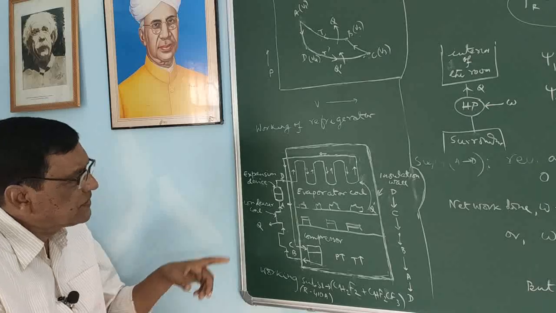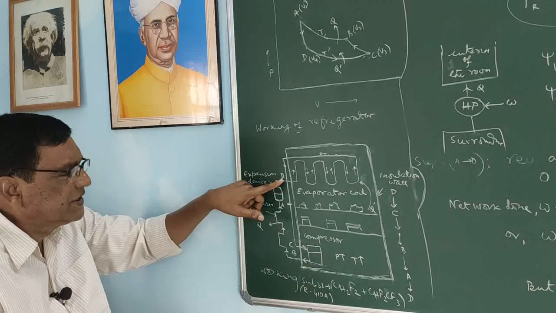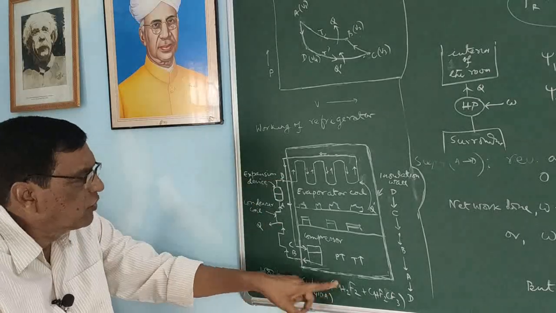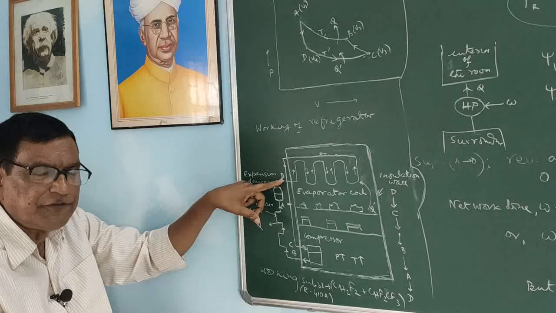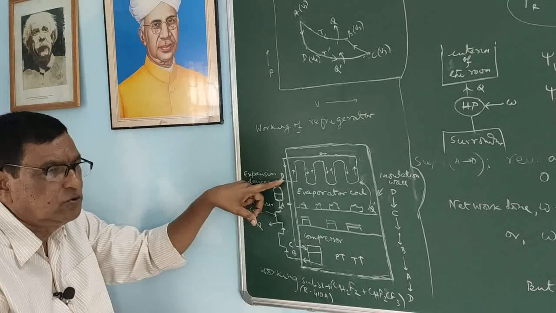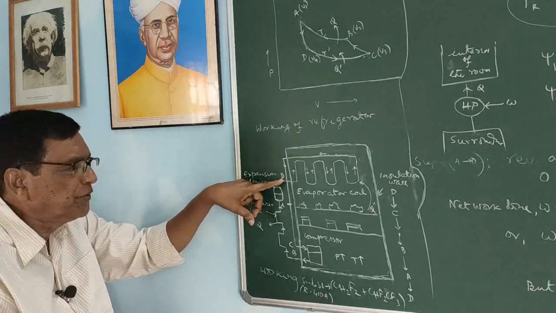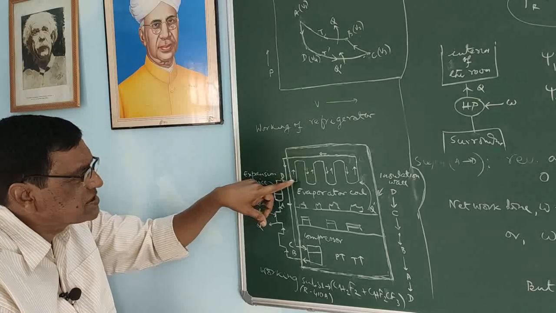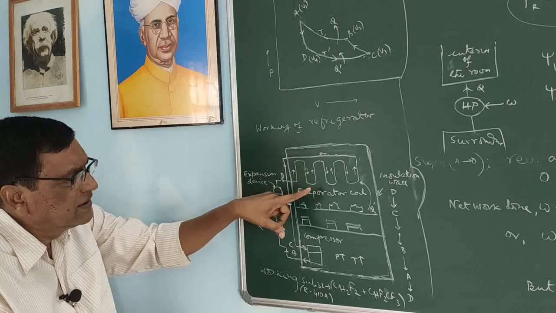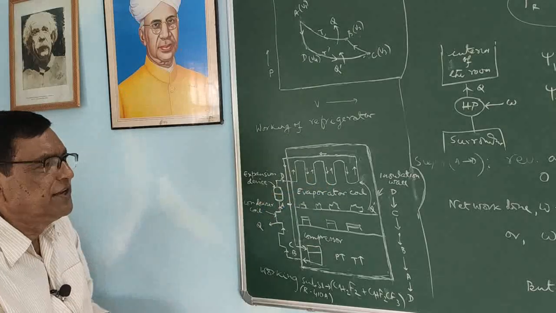And this working substance is taken here at this D at a very cold temperature. It is in the form of liquid at low temperature and low pressure. This liquid is passed through this evaporator coil, and the evaporator coil is kept inside this refrigerator.